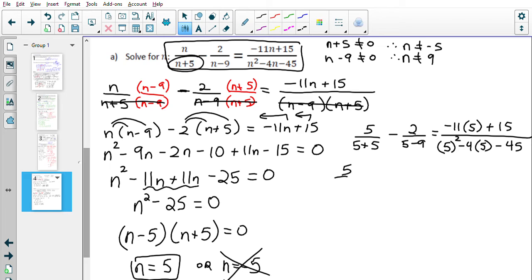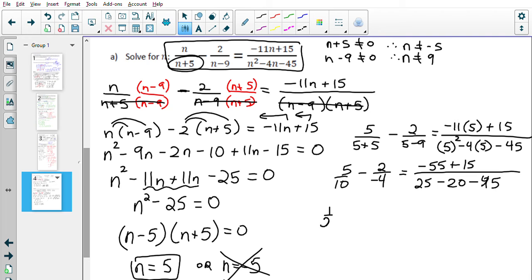So here you get 5 over 10 minus 2 over negative 4. This side you get minus 55 plus 15. In the denominator you get 25 minus 20 minus 45.